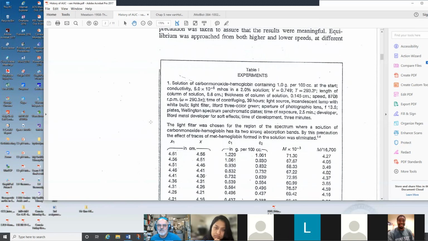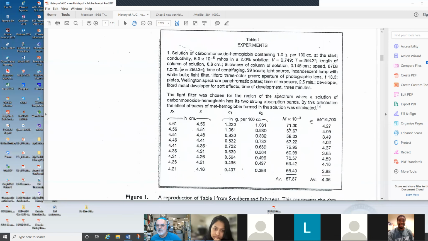There were a lot of other techniques that they used, but they did equilibrium experiments as well as velocity experiments. And what they discovered was that it was a single component with a well-determined molecular weight. You can do the statistics on this. The molecular weight of hemoglobin is around 68,000.